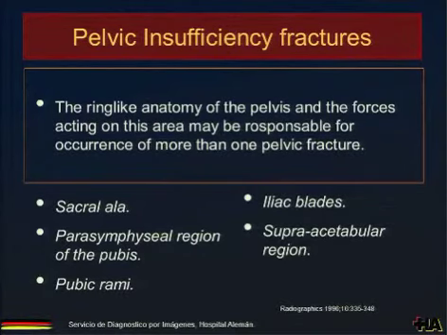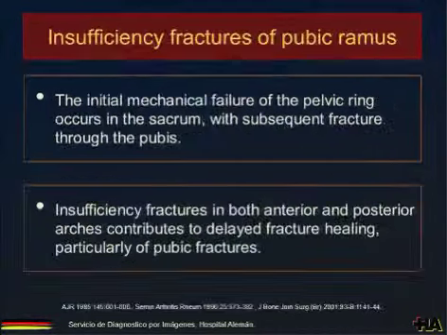This ring-like anatomy of the pelvis and the shearing forces acting in this area may be responsible for the occurrence of more than one pelvic fracture. The sites of fracture in the pelvis are first the sacroiliac and then the pelvis, with the body of the pelvis and the pelvic rami, the iliac plate, and the supra-acetabular region of the iliac bone.